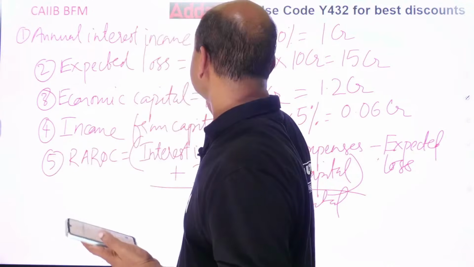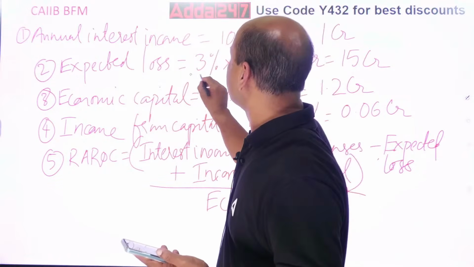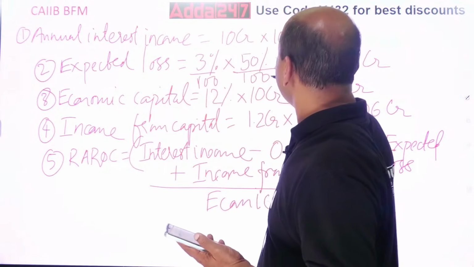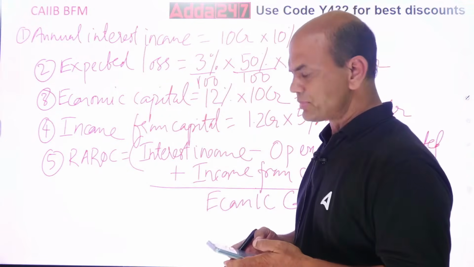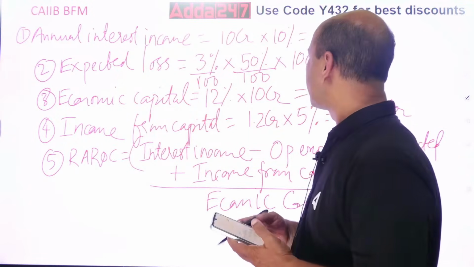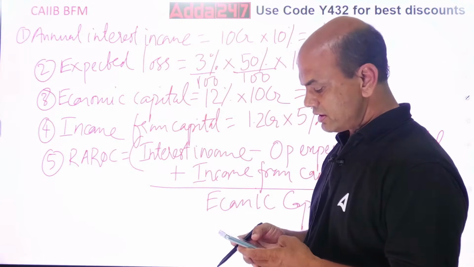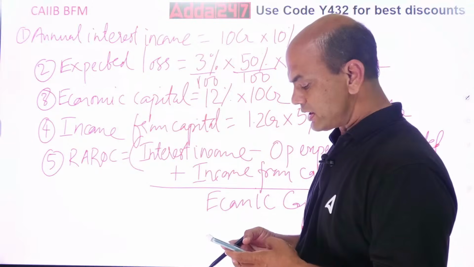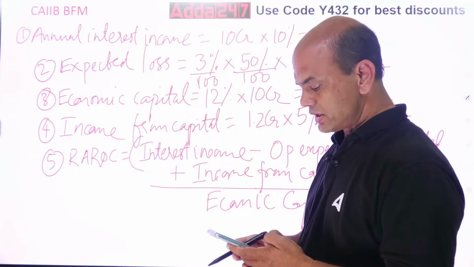What is this? 3%. Percent means what? I'll write it over here. 3% means 3 upon 100, and 50% means 50 upon 100. And then do it now. Now you'll get a different figure. That's what I was wondering, how come this happened? So 3 into 50, 150, right? So 150 upon, how many zeros? 4 zeros: 1, 2, 3, 4.